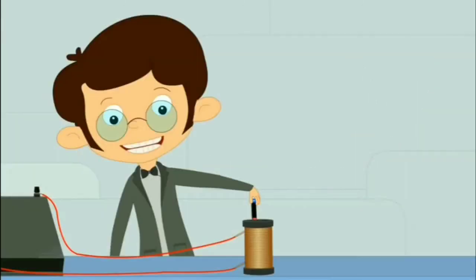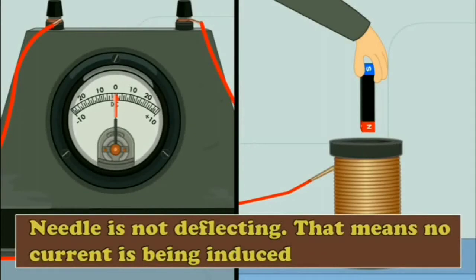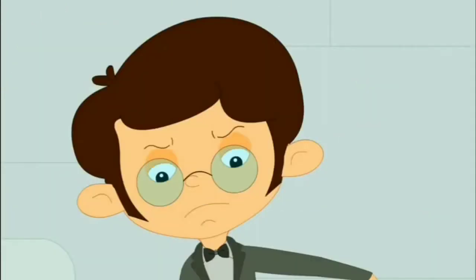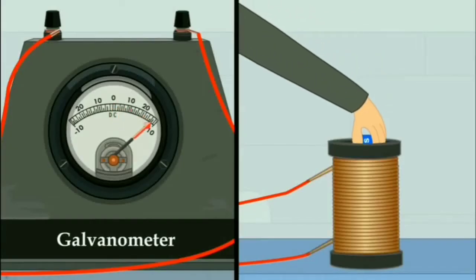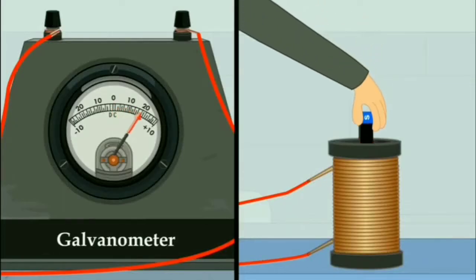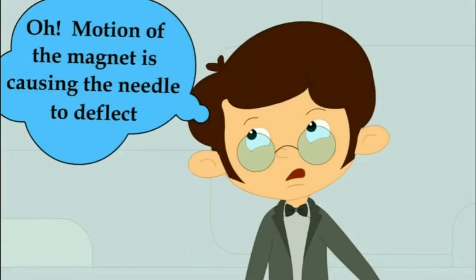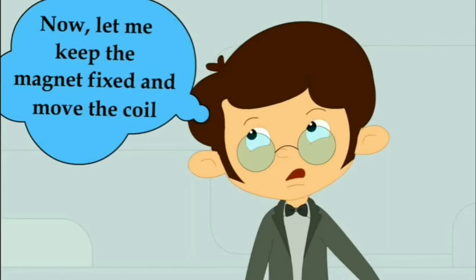Faraday found that when the magnet is kept stationary with respect to the coil, the galvanometer showed no deflection. But when he moved the magnet inside the coil, the galvanometer showed some deflection, indicating the production of current. Therefore, motion of the magnet causes the production of current.